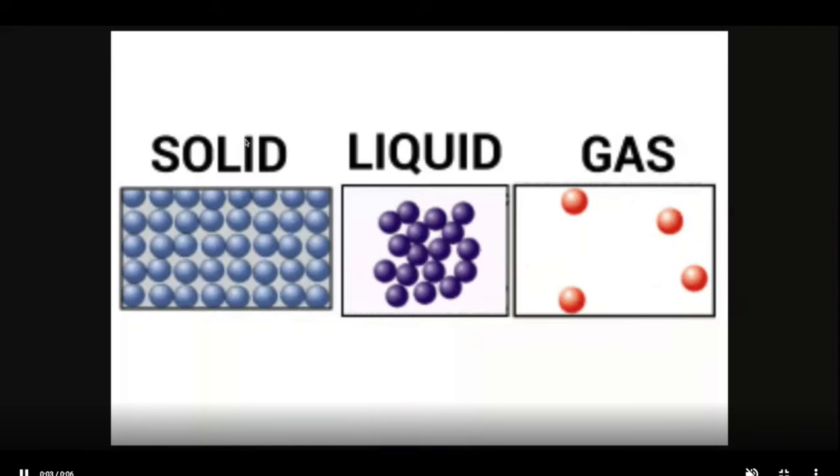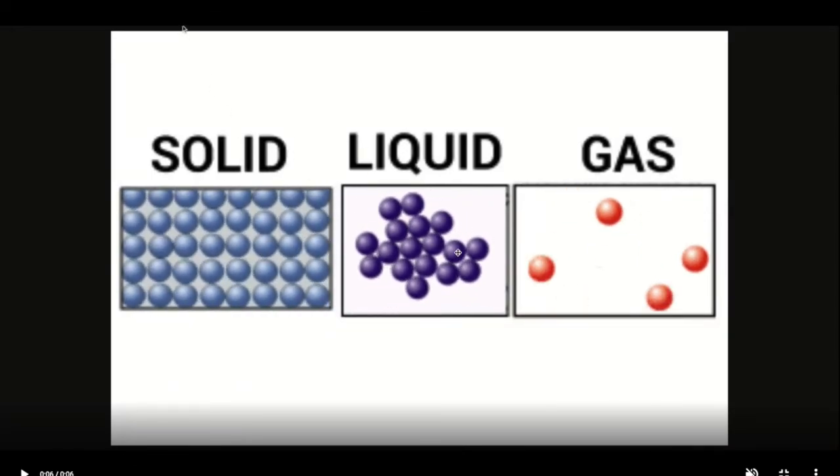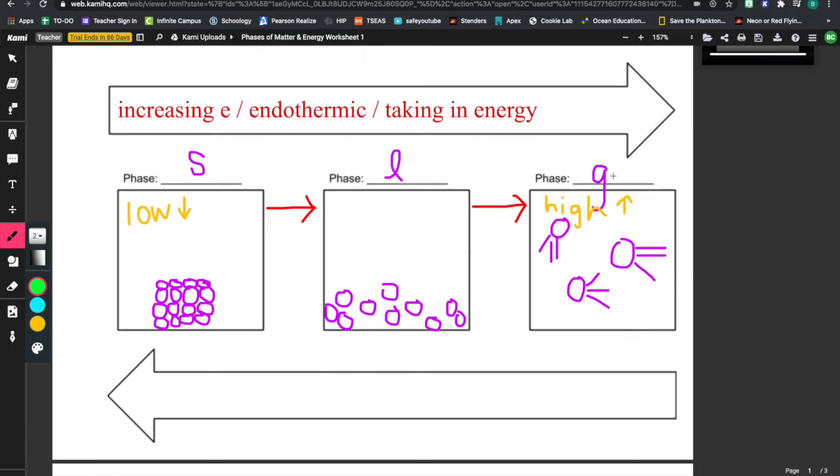Okay, so you can just tell from this diagram that going from a solid to a liquid, we're increasing the kinetic or the movement energy. Remember, kinetic means movement. Okay, so what if we're going in the opposite direction? What if we're going from a gas to a liquid and we're going this way? Well, it's basically just the opposite.